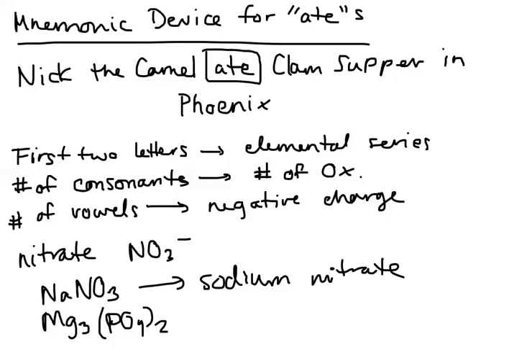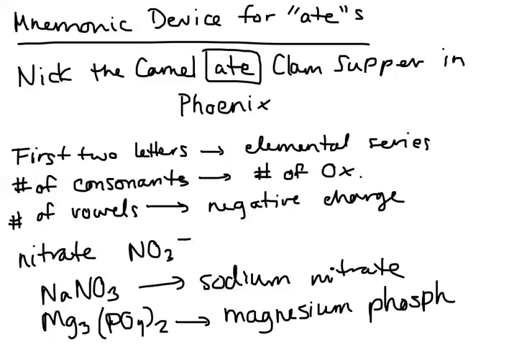Name of the cation followed by the name of the anion, because PO4 3 minus is phosphate. Yeah, that's a 4, PO4.